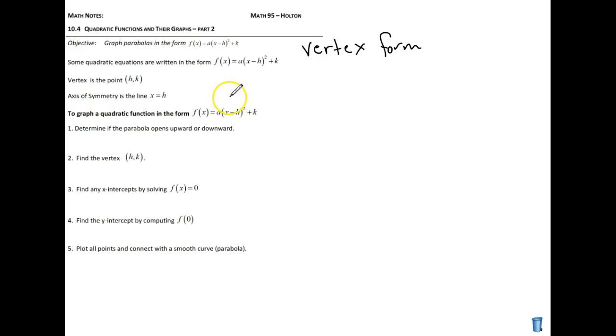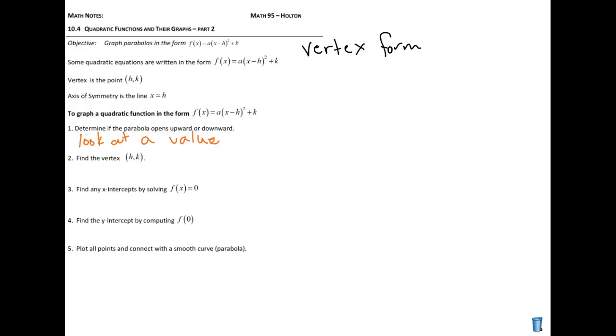So if you're going to graph functions in this form, the first thing you need to do is decide: does it go up or does it go down? That's always a good thing to look at with your parabola. Look at your a value. If a is positive, it opens up. If a is negative, it opens down.